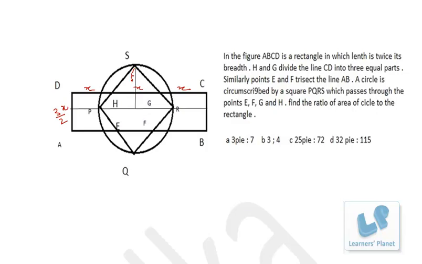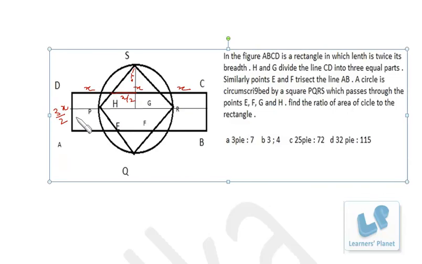Now diagonal x, this complete angle is 90 degree, so this angle must be 45 degree. And apart from that, this figure is symmetric. So from this point H to G, the length is x. That means this length must be x by 2.